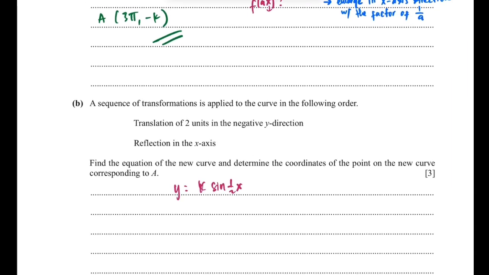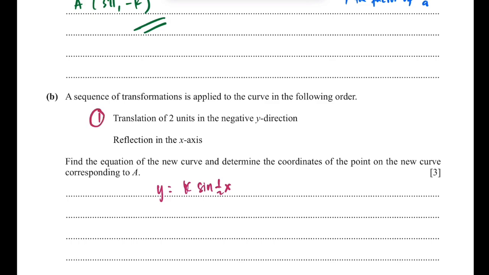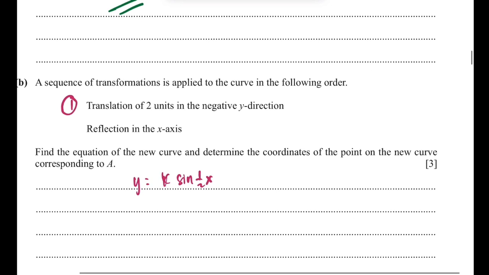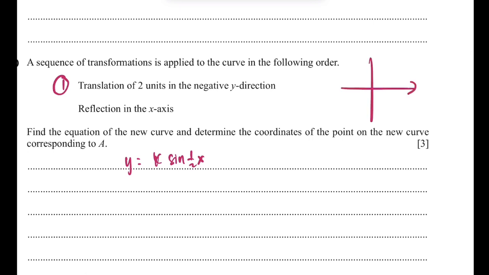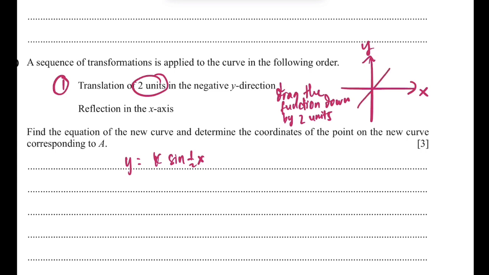Now, the first transformation here is 2 units in the negative y direction. So remember, if we talk about the y direction of translation, we drag the function down by 2 units. Let's say I give another example, y is equal to x.